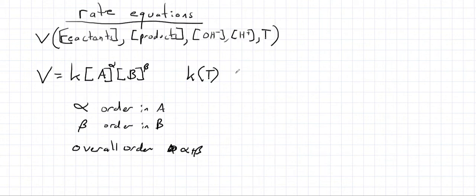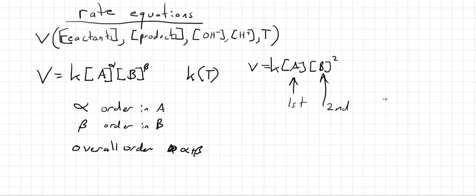And so we could say, for instance, just do a quick example, if we had k A B squared, if the rate of our reaction was equal to this, then we can say it's first order in A, second order in B, and third order overall.